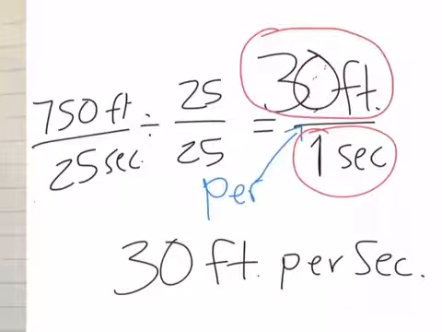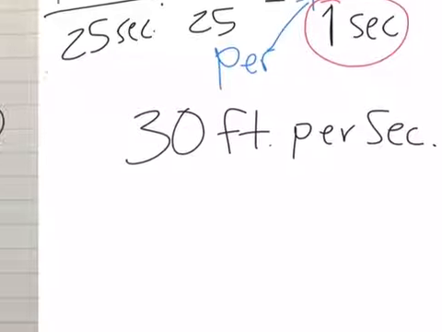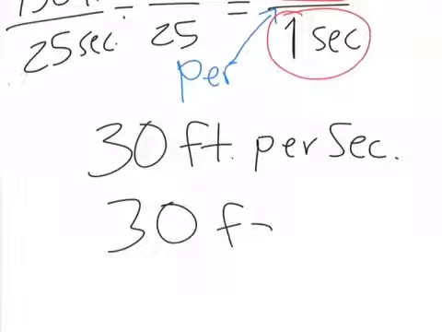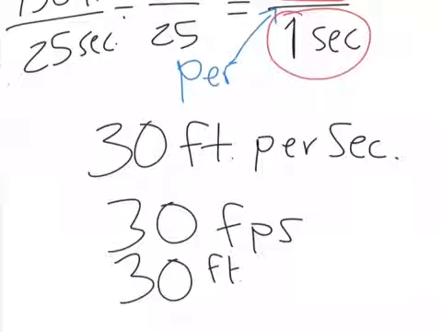You can write that a couple different ways. You can write it like we just did there, or you could write it 30 feet per second, FPS, or you could write it 30 feet, and you could do your little dash bar per second, or a little fraction bar there. So any of those options will work.